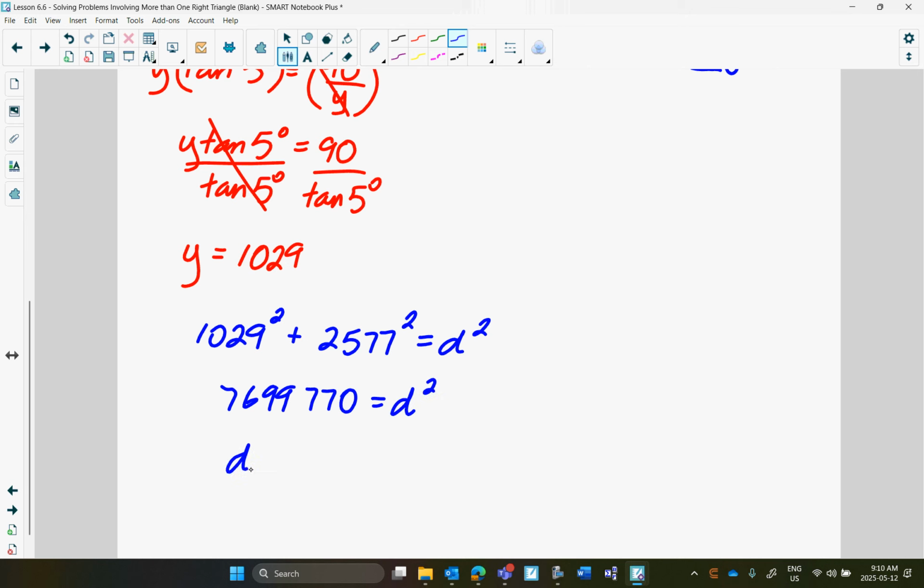Therefore, D is going to equal the square root of 7,699,770. And that's finally going to give me my answer. It works out to approximately 2,775 feet.